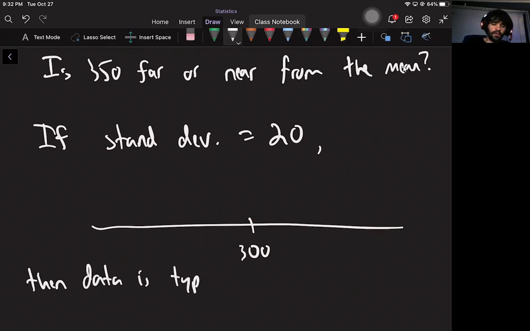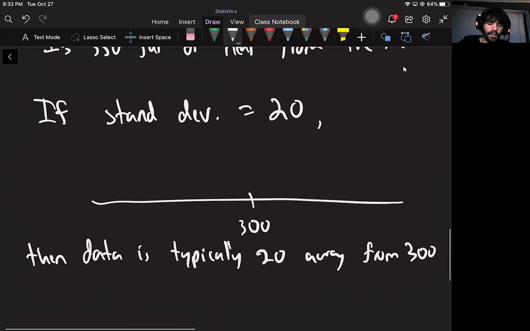That's what the standard deviation does, because it measures the spread. So it's saying that the data is typically 20 away from 300. Of course there could be data that's further than 20 away, but on average, most of the data is 20 away from 300. So if that's the case, then most of this secret data is between 280 and 320.